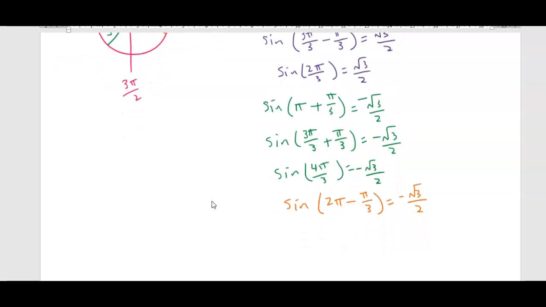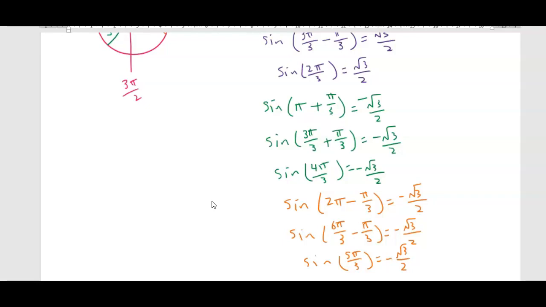Scroll up a bit. Now let's change the 2 pi so we have the same denominator. So we want it over 3, so it's going to be 6 pi on 3 minus pi on 3, negative root 3 on 2. So 6 pi minus pi is 5 pi on 3 equals negative root 3 on 2.